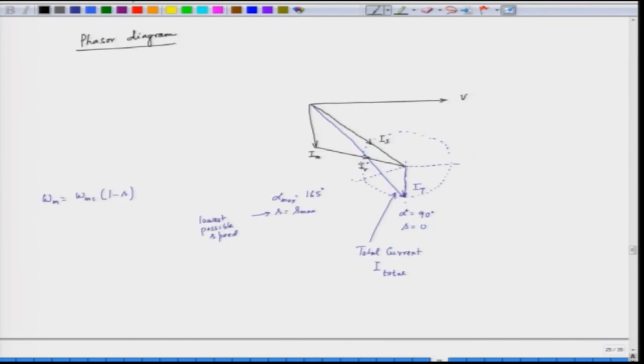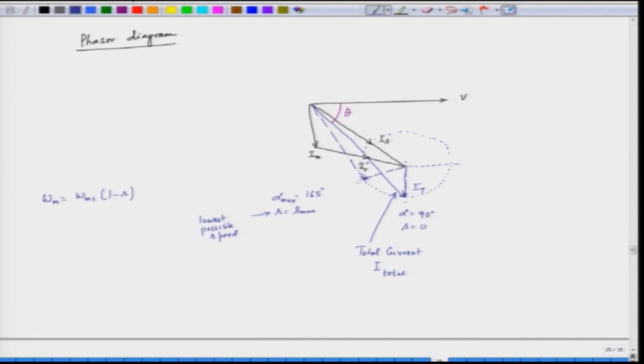And what about the power factor here? The power factor angle in this case is theta. The angle that this makes with the voltage V is called the power factor angle. So, when we operate at lowest possible speed, what is the power factor angle? So, we can draw it corresponding to this. So, this is for maximum possible slip or the minimum possible speed. So, we get the value of the total current, which is this.